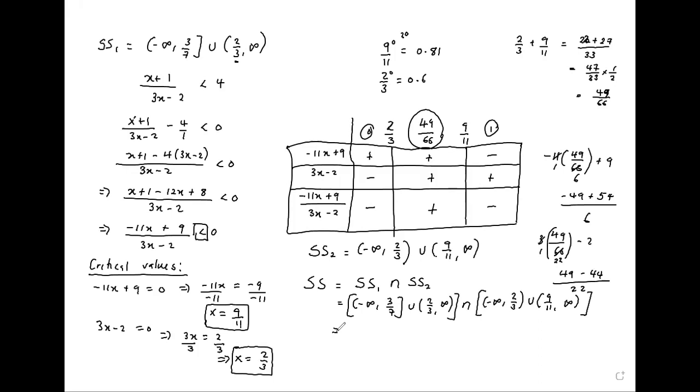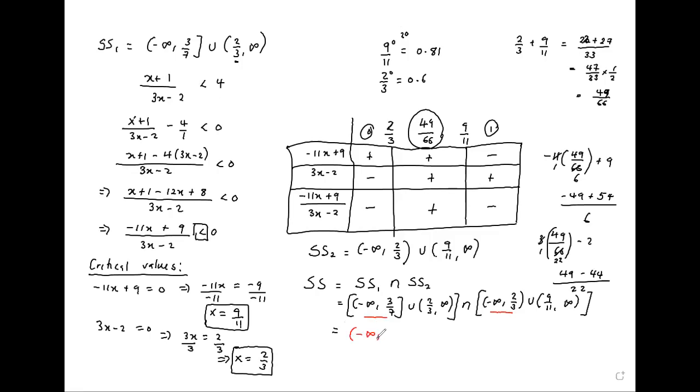Getting the intersection now, it's a bit nice here. Between this interval here and this interval, consider the left numbers, negative infinity and negative infinity. Get the biggest, but here they are the same, so get negative infinity.